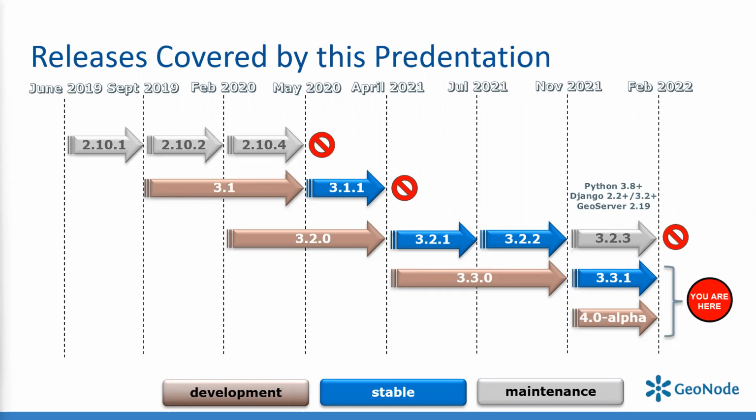GeoNetwork currently has been removed, at least from the 4.0 version. It can be taken back as a CSW, but currently when we provide the default installation, we ship the installation with PyCSW.